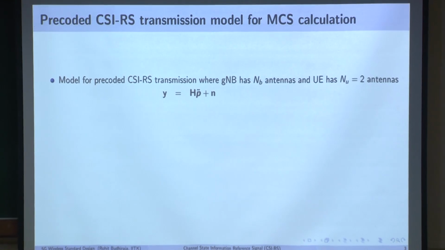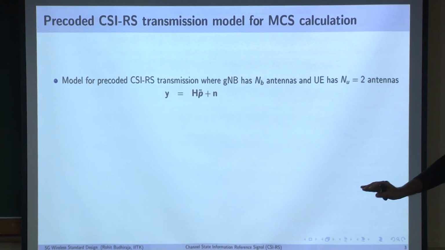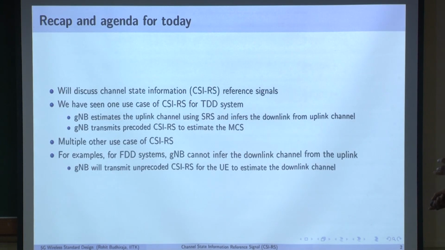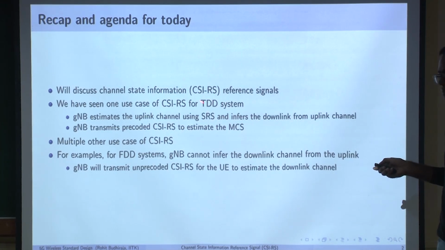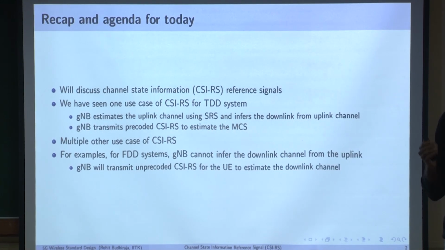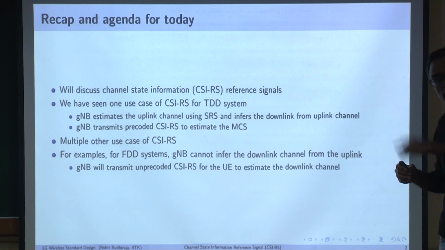So, that is one of the key uses of CSI-RS for FDD systems. And just to make you aware of this fact, for TDD systems this TDD calibration is a difficult task to do, though people know how to do it. So, even for TDD systems, people use unprecoded CSI-RS for the user to design the precoder and feed it back. That is also done.